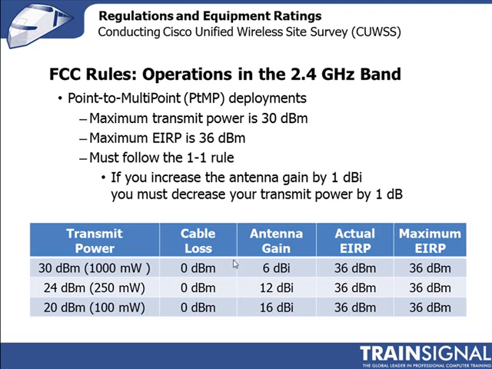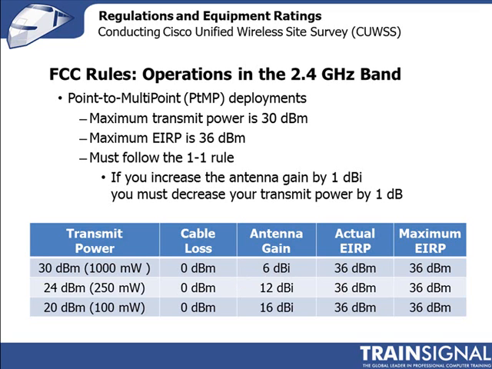So in this illustration here, you can see if I'm transmitting at 30 dBm, which is 1000 milliwatts, if I assume a zero cable loss, an antenna gain of 6 dBi, then you can see that I've reached my maximum allowable EIRP. In other words, 36 dBm, and I could not put a higher gain antenna on that while transmitting at that power level.